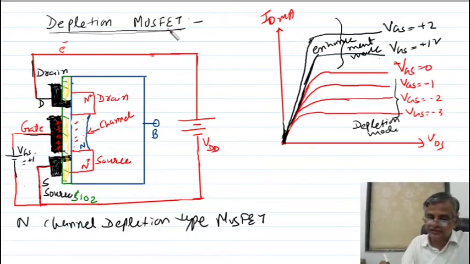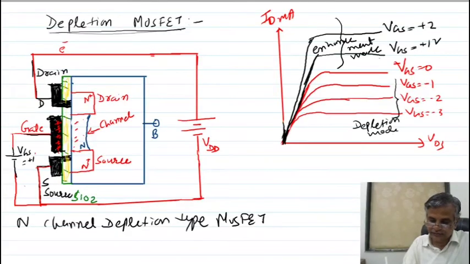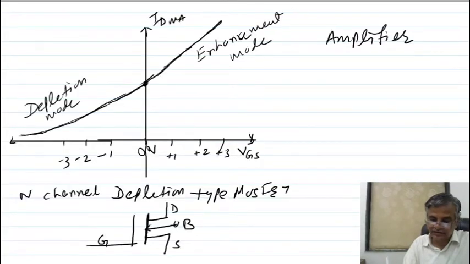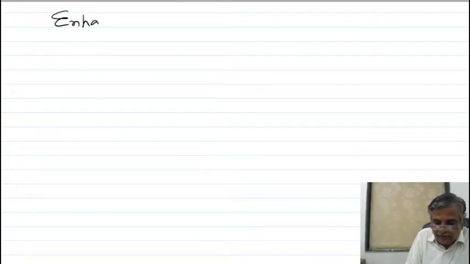Now I have discussed the depletion type MOSFET. Let us discuss the enhancement type MOSFET.